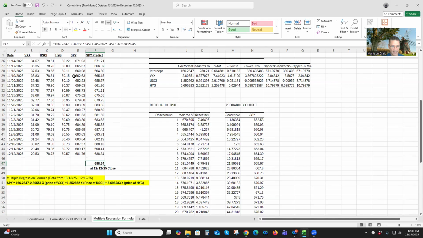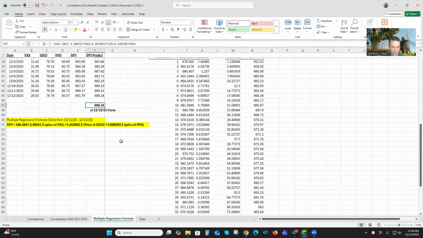And what we're seeing is at the market close, while SPY closed on December 12th at 681.76, the multiple regression analysis was predicting a close of 688.34, which would also suggest that SPY was, at the close on December 12th, 2025, undervalued by a little over one percent. Okay, again, I'll leave the formula up here. You can see it in yellow. And I'll leave this up here for a little bit.